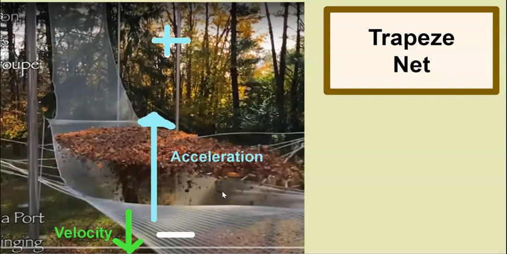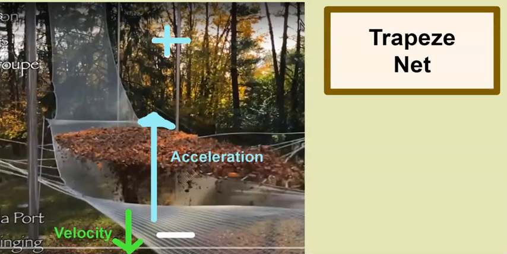We don't know this yet, but forces, pushes or pulls, cause acceleration. And so the net is clearly pushing up on the trapeze person. So that push is up. Since the force causing the acceleration is up, the acceleration is therefore positive.